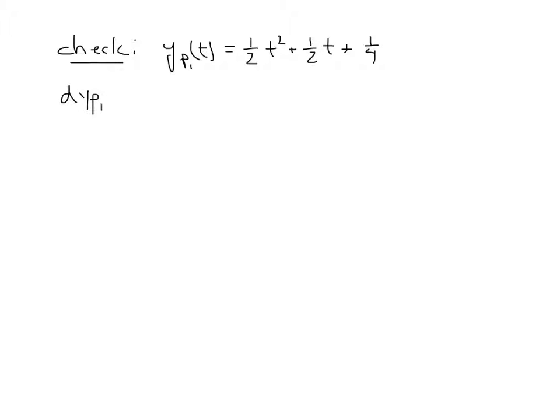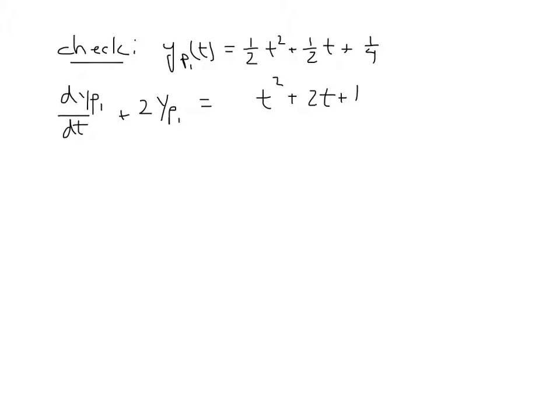On the next slide, we're just going to do a quick check. We're going to take the particular solution y sub p1 of t as 1/2 t squared plus 1/2 t plus a quarter, and ask if I differentiate it, y sub p1, and add 2 times itself, do I in fact get t squared plus 2t plus 1?